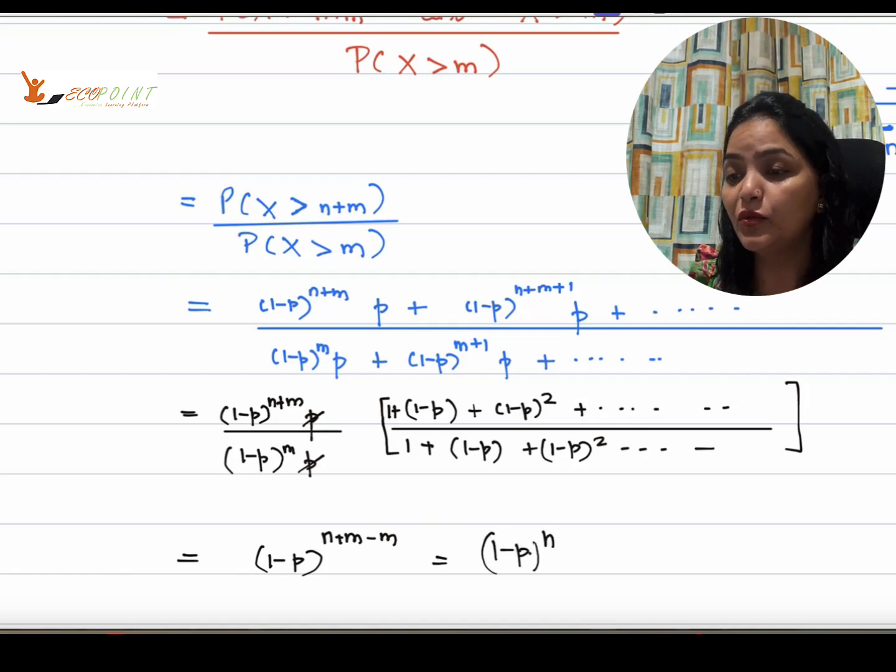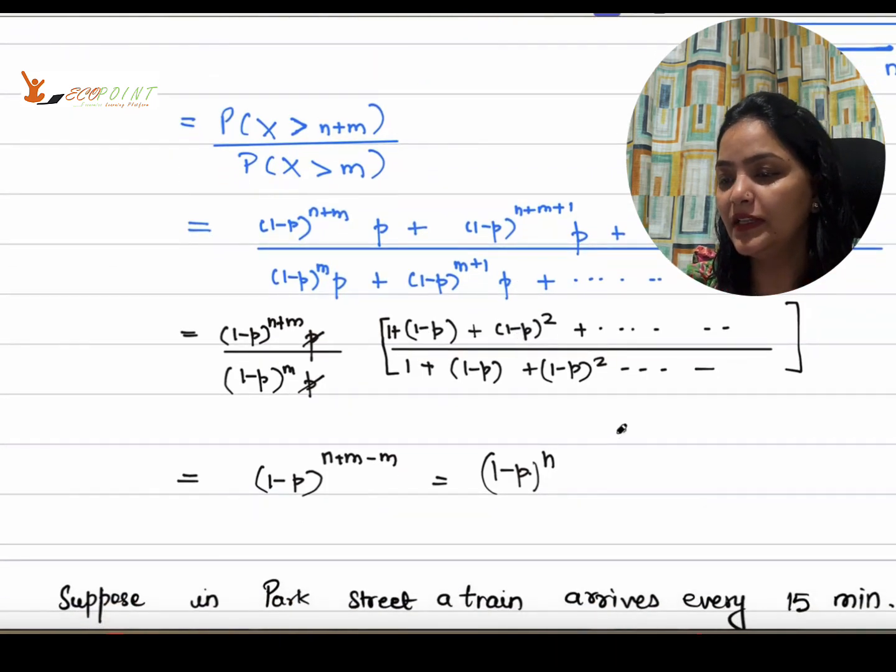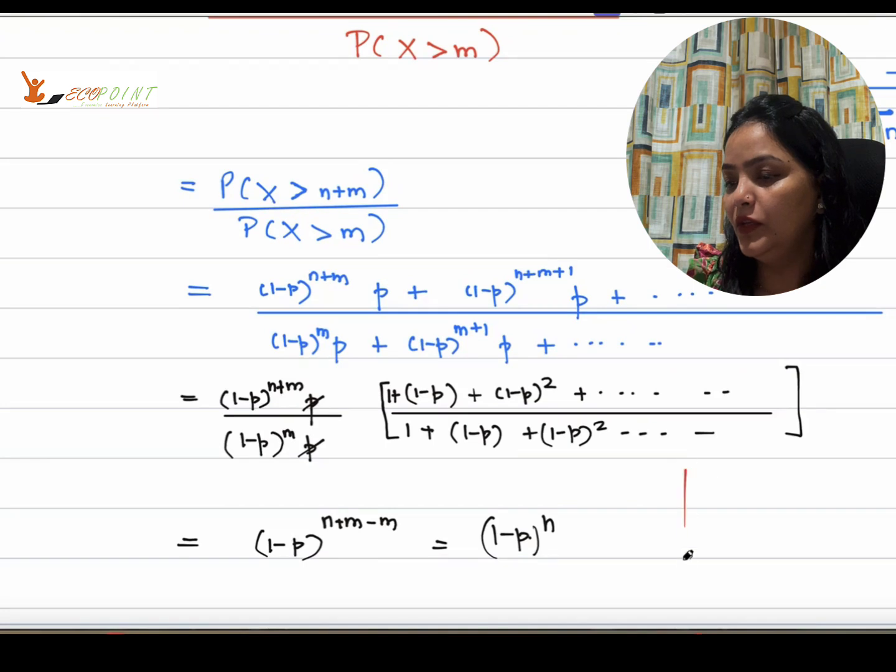I have actually solved this once again with you, but what you could have done directly is use the CDF.